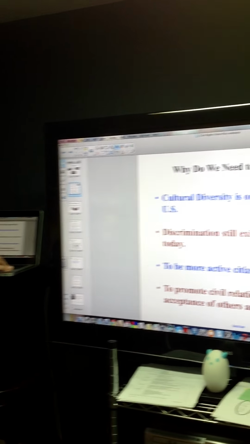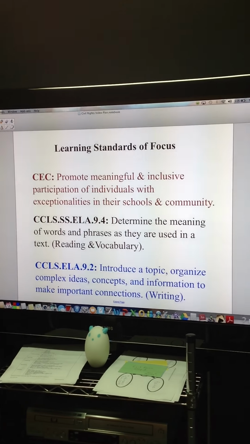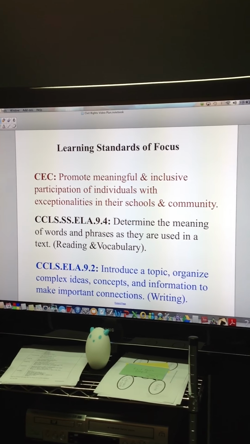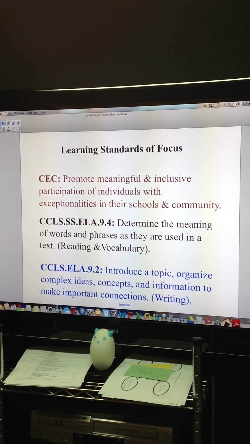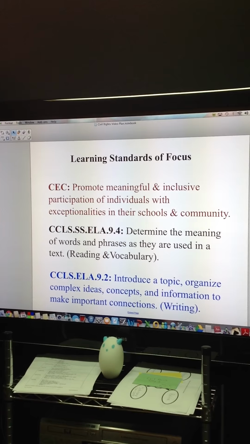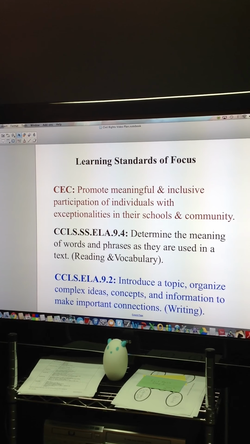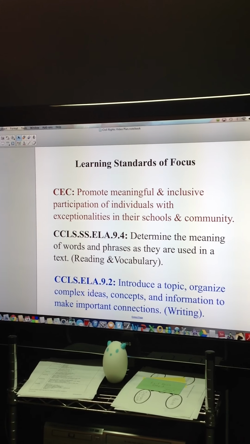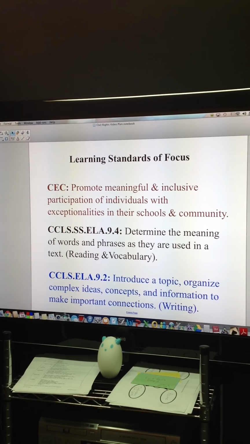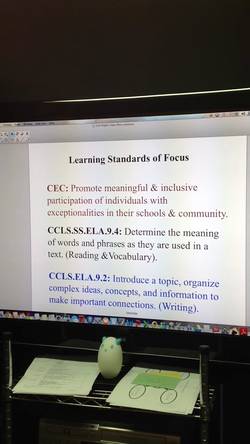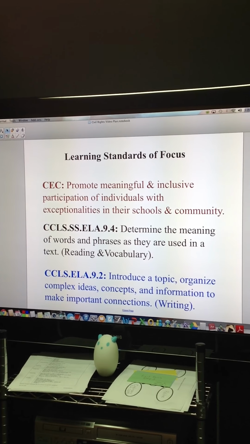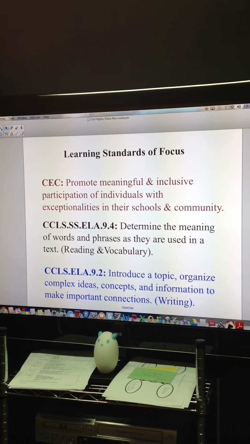Once we've accomplished that, we are going to briefly cover the day's learning standards that we're going to focus on in the lesson. CEC standard: promote meaningful and inclusive participation of individuals with exceptionalities in their schools and community. Common Core Learning Standards, Social Studies and ELA 9.4: determine the meaning of words and phrases as they are used in a text.